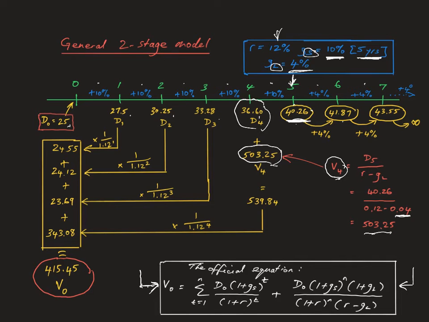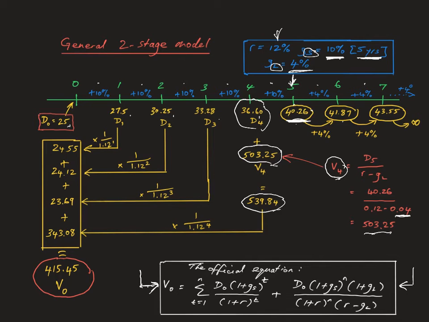The 503.25 is absolutely valid for adding to the 36.6 to determine an additive total at T4, which includes a terminal value for the perpetuity plus the dividend that is projected to be received at that stage, of 539.84. Now that is at T4.